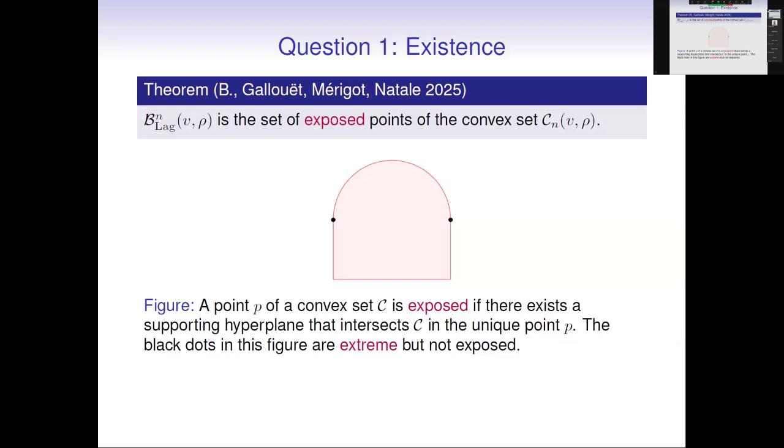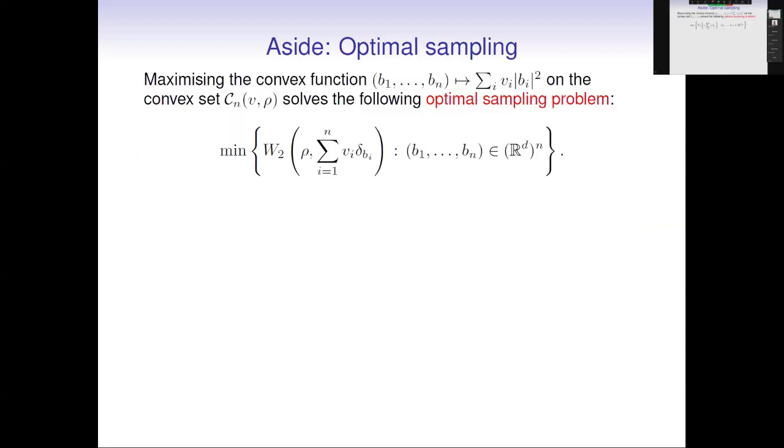These black points are called extreme points, which means that they don't lie on a straight line between any two points in the convex set. We could also, in fact, characterize the extreme points of our convex set, but I will skip that just for time.